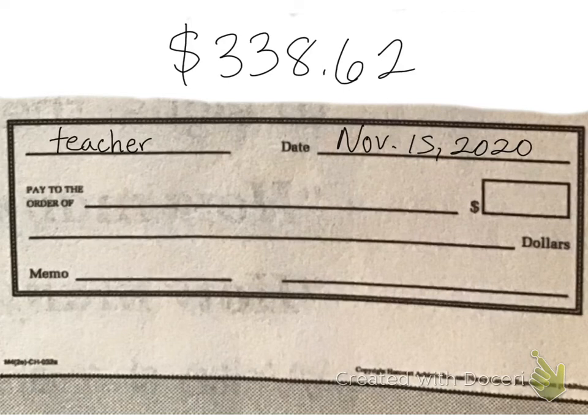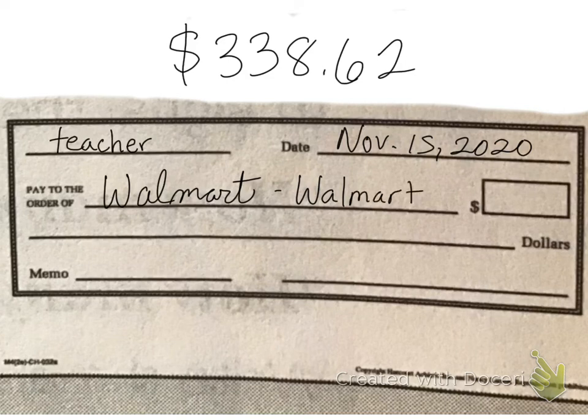Okay. Then we write pay to the order of. So I need to buy a TV, so we're going to buy it from a store. So let's just say I'm buying it from Walmart. A lot of times you'll write this in cursive. You could also write it in print. Okay, Walmart. Then I put the amount I'm spending, so that's $338.62. Okay, then I need to write that out in word form.